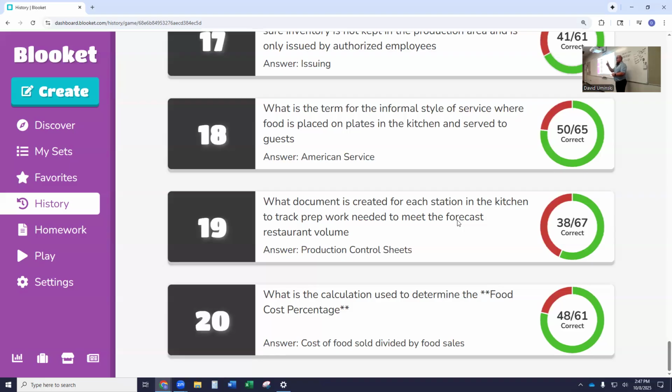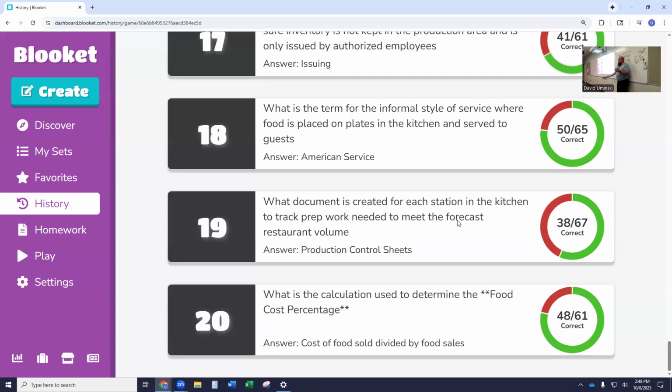Percent means per 100. So 1% is 1 penny of every dollar that we bring in sales. So if I say my food cost is 30%, that means for every dollar that comes in, 30 cents is going to go out to cover the cost of all my ingredients to make that food.